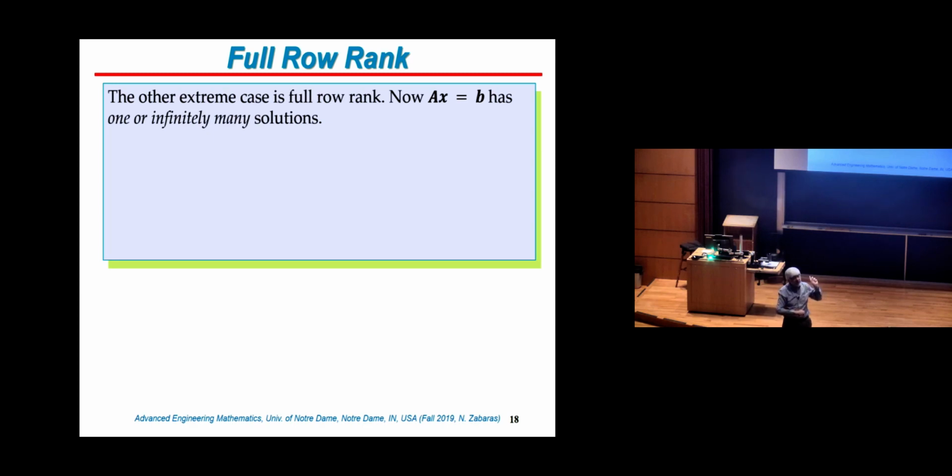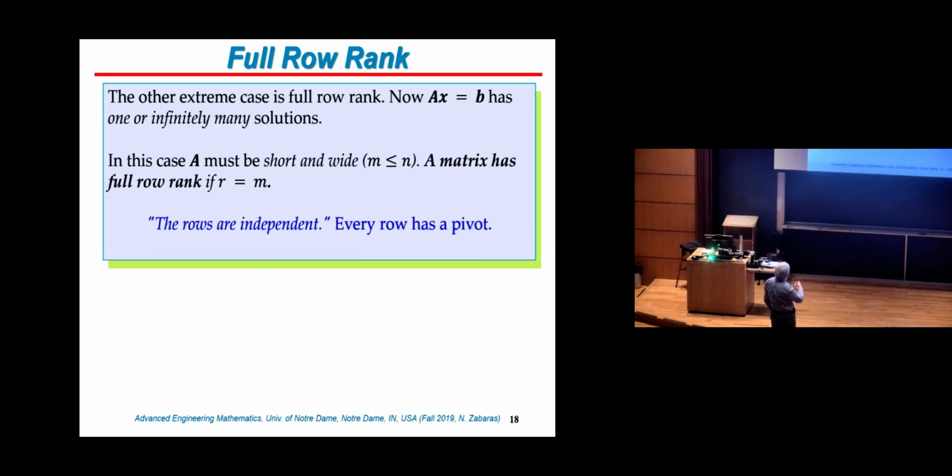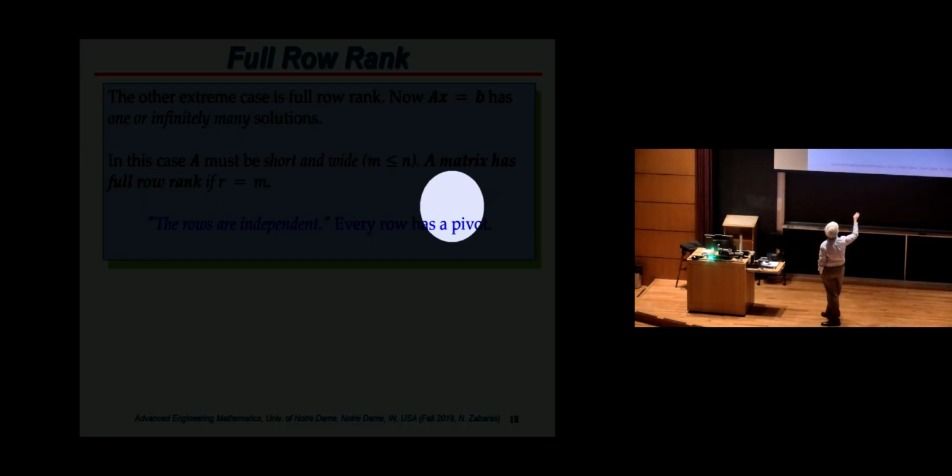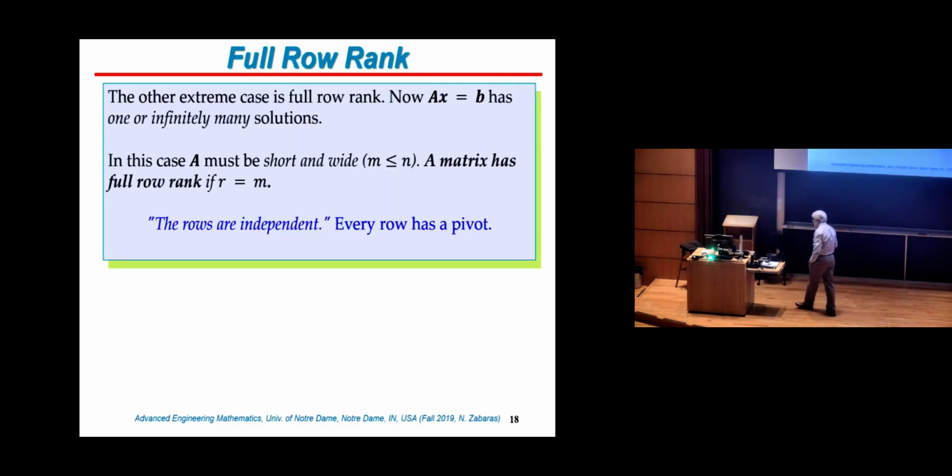In this case, for a full row rank, the identity, and then, do I have free variables here? Yes, so there's going to be a matrix F next to it. The matrix is basically the identity and the matrix F. Okay? And because the rows are independent, you can see from here, every row has a pivot. All right? Every row has a pivot in this particular problem.